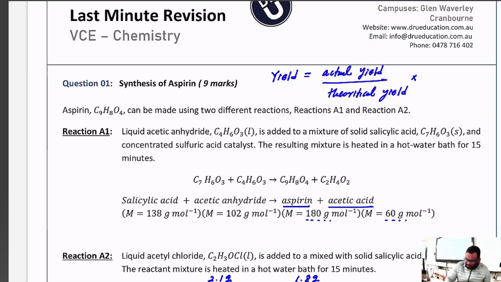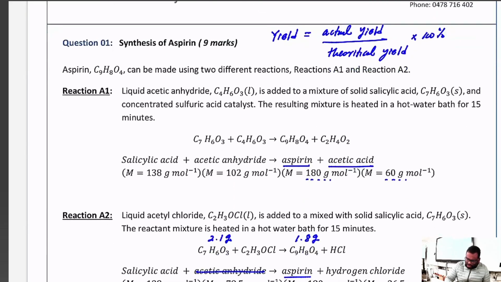Multiply by 100. What does atom economy mean? The molar mass of the substance you are looking for divided by the molar mass of the reactants.